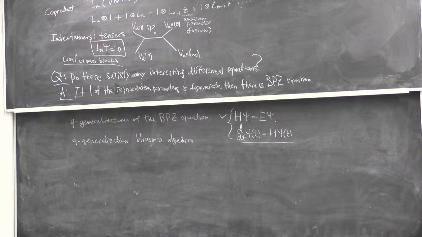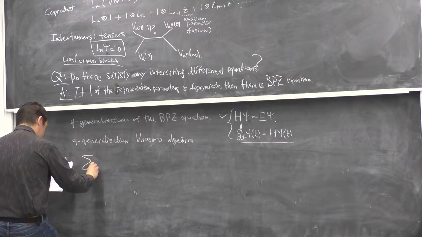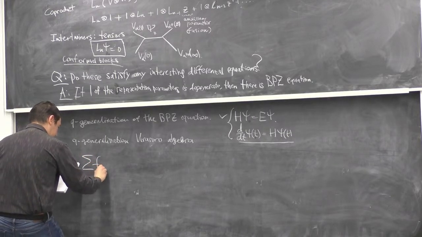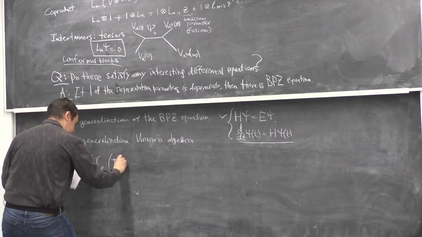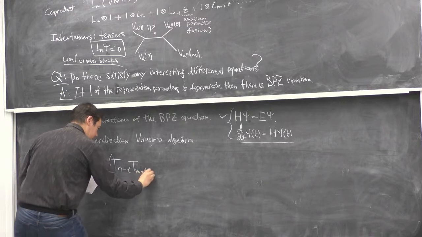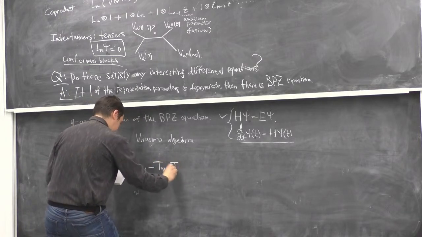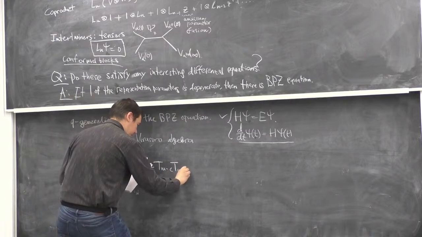What are conformal blocks or intertwiners of the q-Virasoro? I will write the q-Virasoro algebra, it's very beautiful. It's a sum of f_n of T_n minus T_{n+...} minus T_{n} minus T_{n+...}.